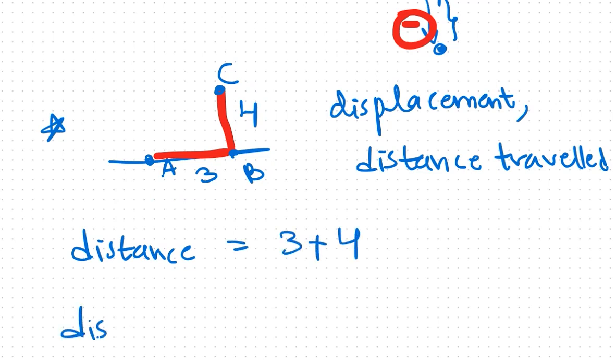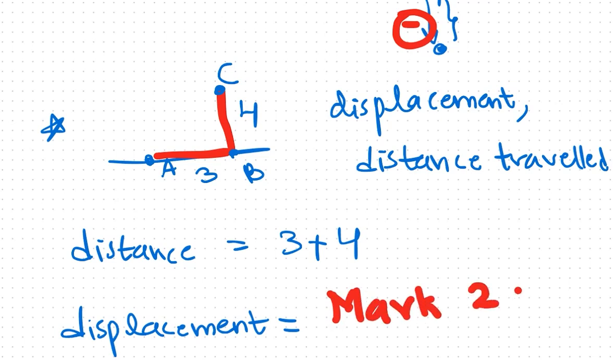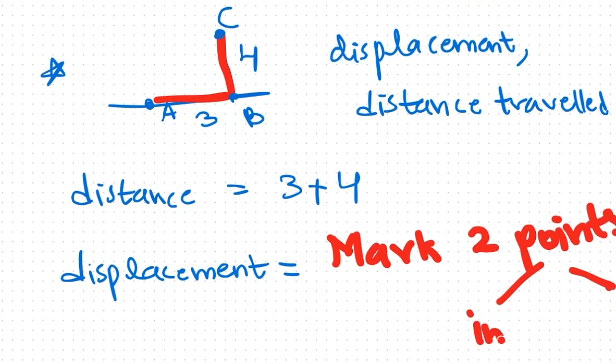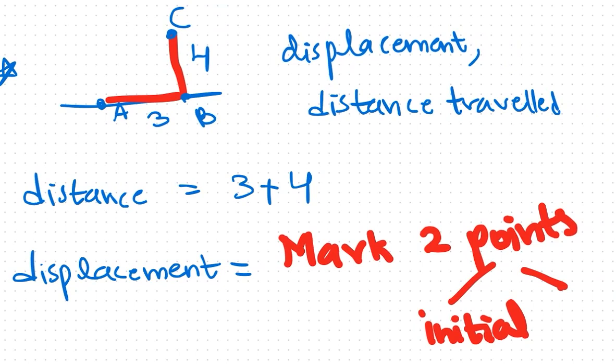What about the displacement? We know that it is a vector quantity. To find displacement, you mark 2 points: the initial point and the final point. Where were you in the beginning, and where was that person at the end?